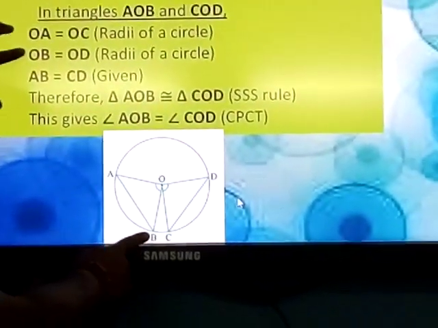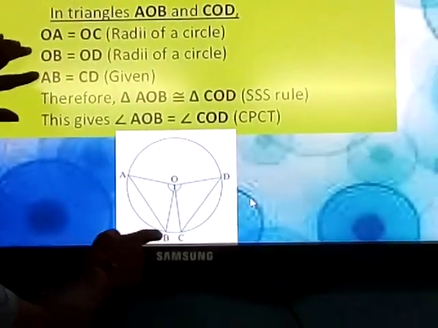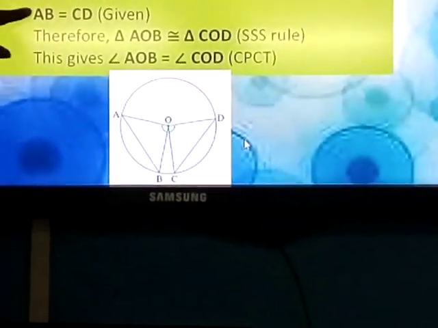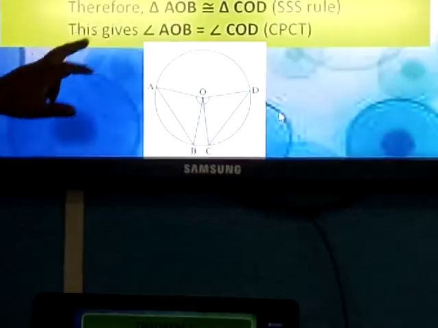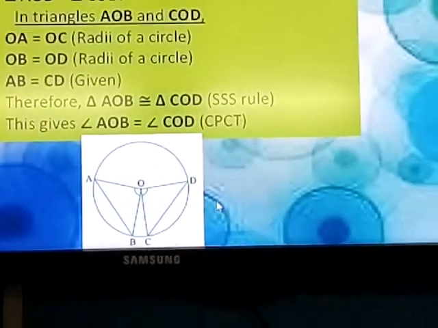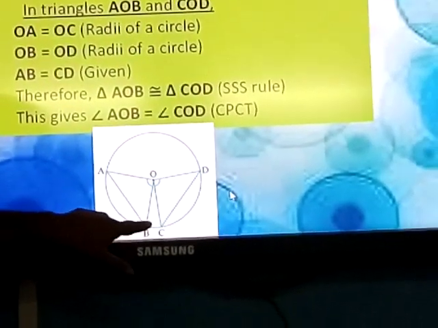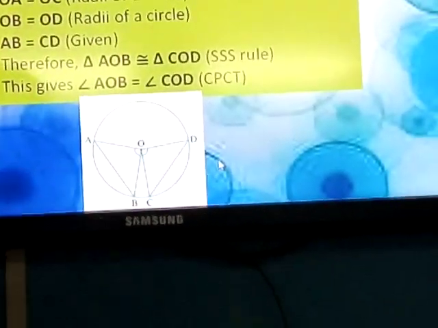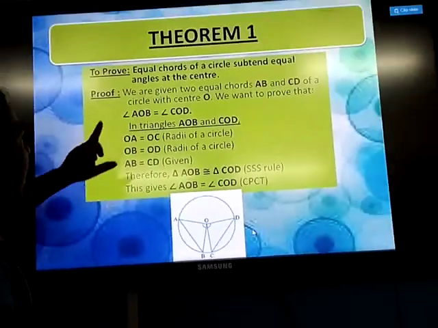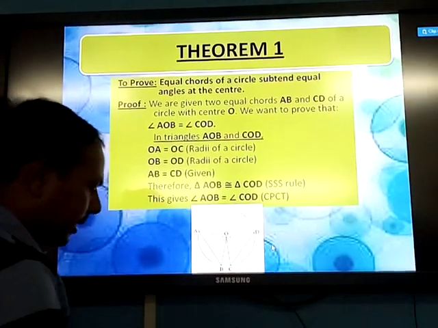OB is equal to OD, these are radii. And AB is equal to CD, these are equal chords, it is given. Now you can say that triangle AOB is congruent to triangle COD, and this concludes that angle AOB is equal to angle COD. This is the proof of the theorem that equal chords of a circle subtend equal angles at the center.